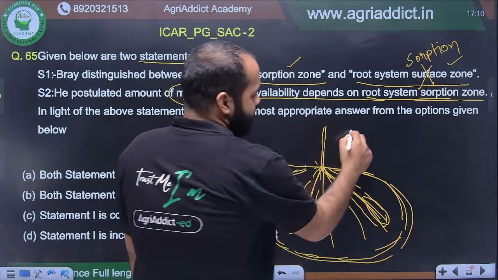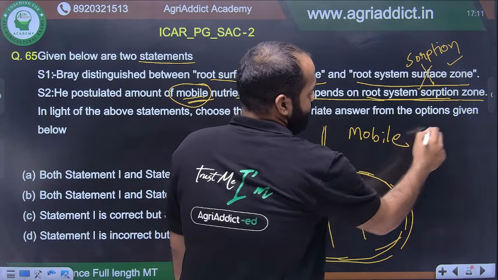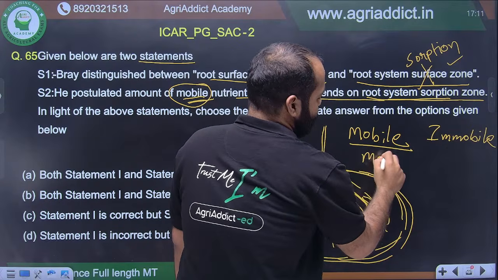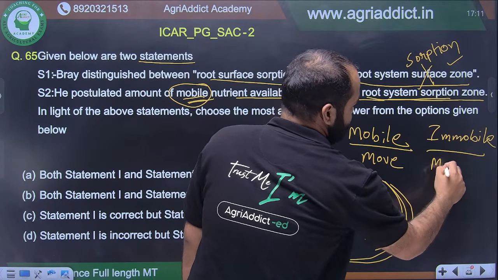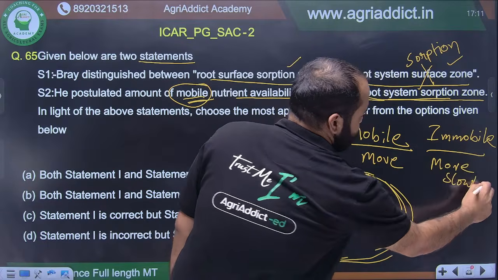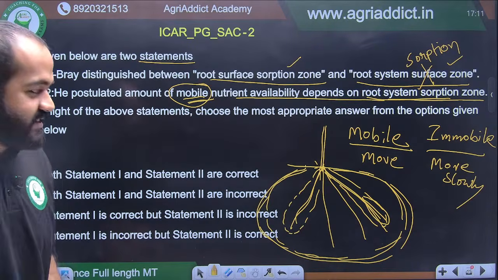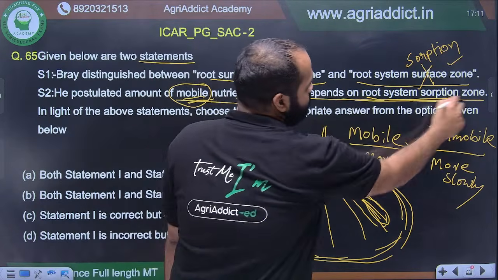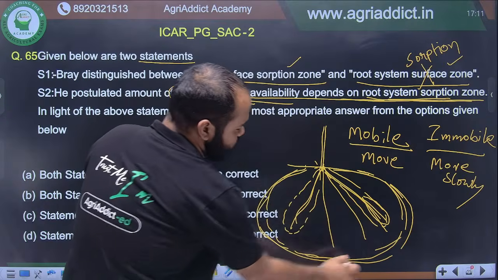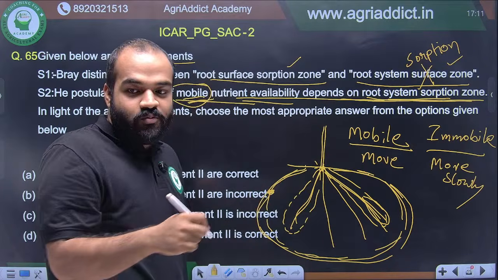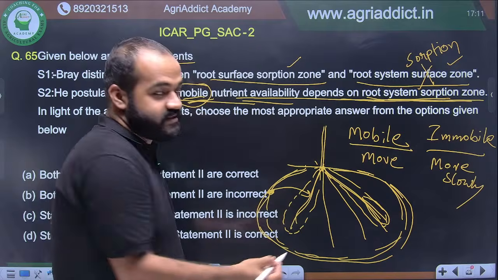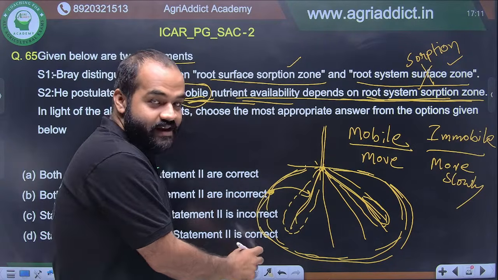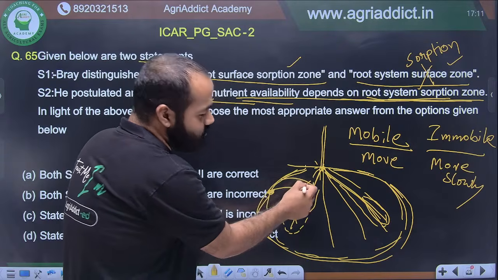There are two types of nutrients, one is mobile, one is immobile, right? Mobile means which can move, immobile means which can move very slowly. Now, is it not common sense, what it says here, that the amount of mobile nutrient availability depends on root system sorption zone? The nutrient that has come inside this whole root system, if it is not mobile, so how can it travel to the root surface? Ultimately the absorption takes place through the roots. So if the nutrient is mobile, then only it can travel from the system to the root surface, right?